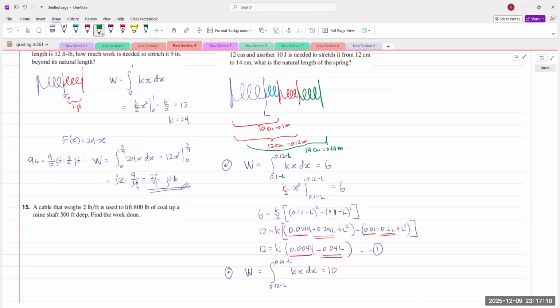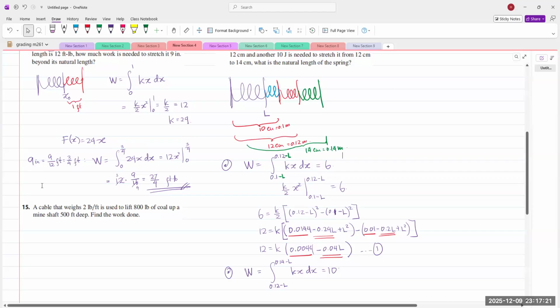Now, of course, the change is just 0.14 minus L, right? That's the terminal length beyond the natural length.